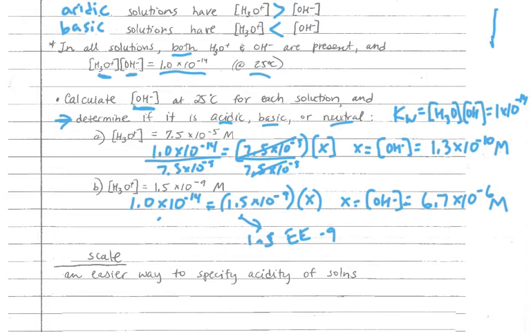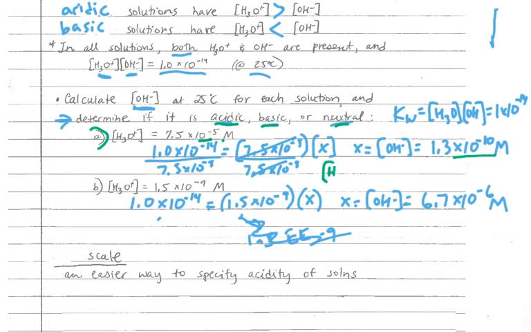Oh, I forgot in this problem, it also asked us to identify whether these solutions are acidic, basic, or neutral. So in A, we had 7.5 times 10 to the negative fifth molar of hydronium ions and 1.3 times 10 to the negative 10th molar of hydroxide.